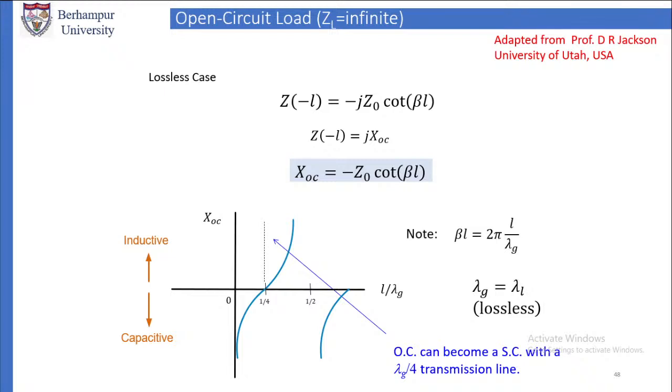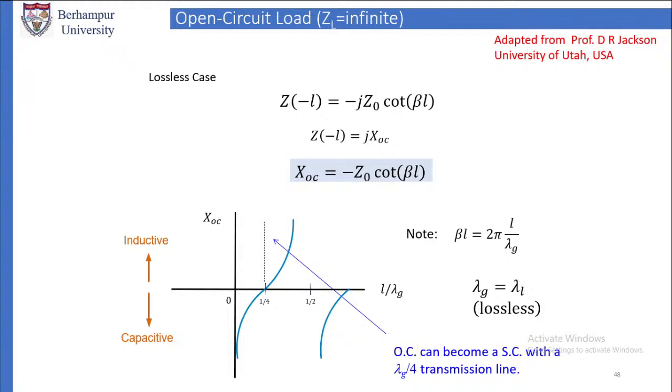When beta L is equal to 0, cot beta L is positive, so minus jZ0 cot beta L will be negative. As you know, cot 0 is infinite.